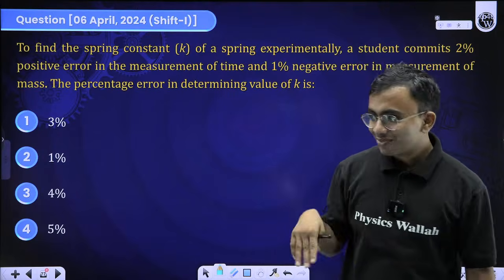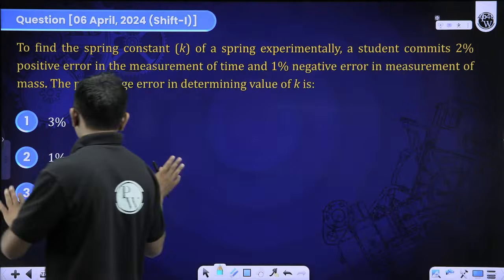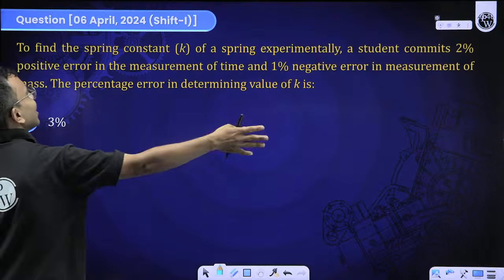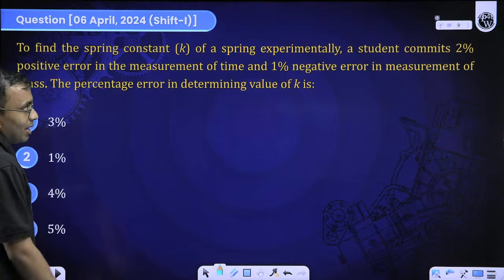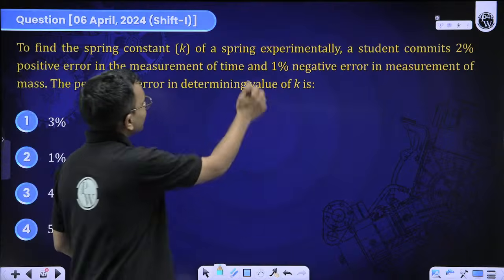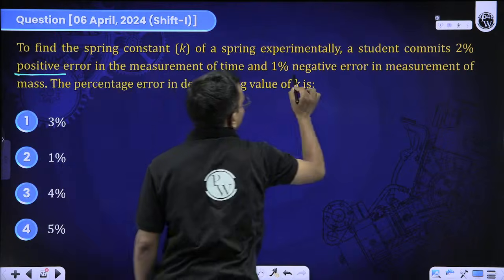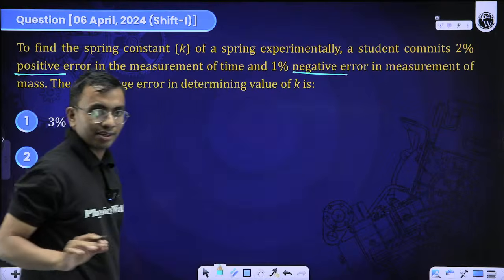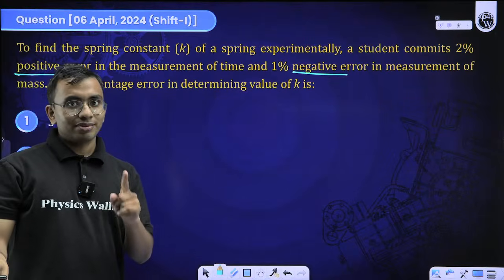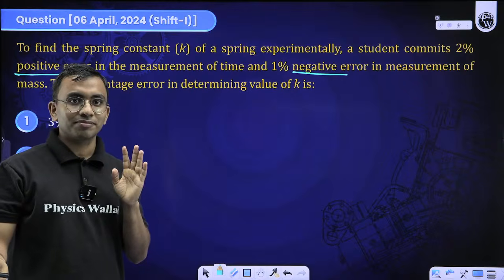Otherwise we always take positive signs, because we have to find the maximum. But if specifically the positive error and negative error is mentioned, then you have to take the sign properly.